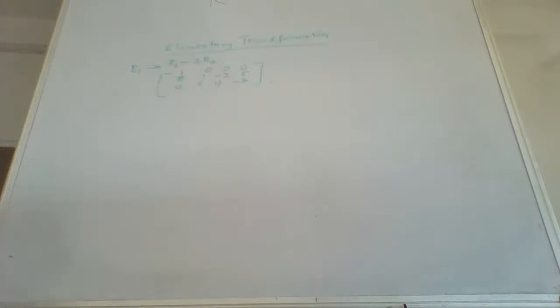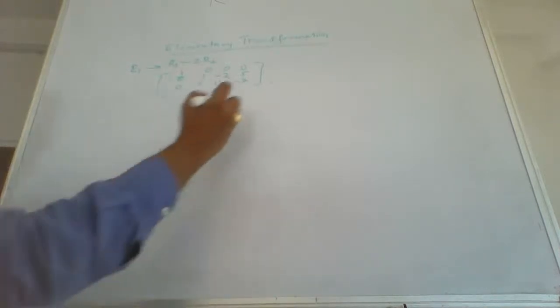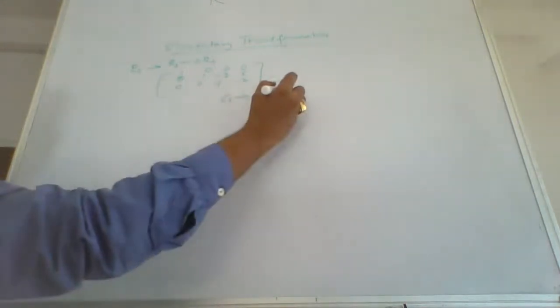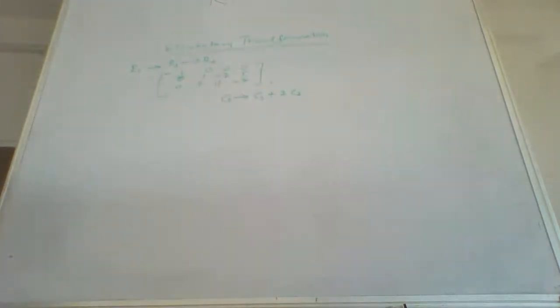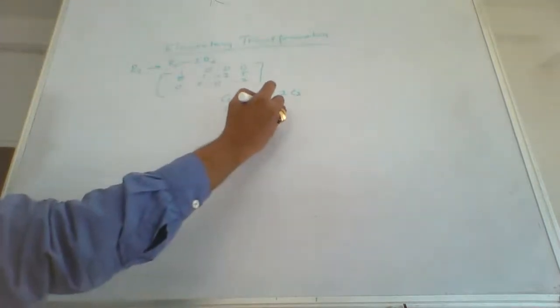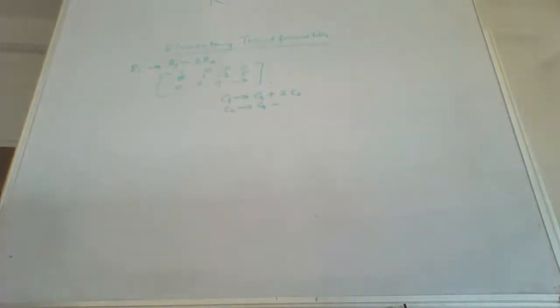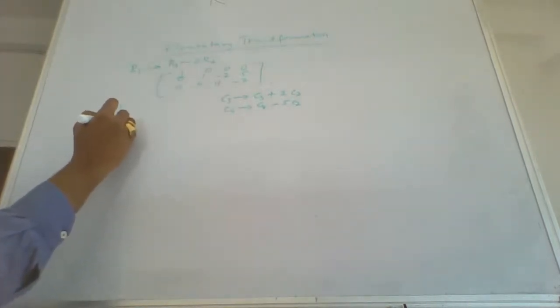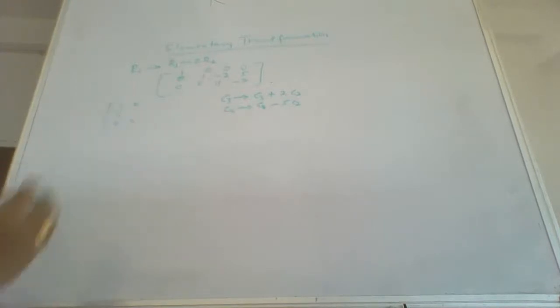Let me do some column operations for this. So column 3 plus 2 times column 2, and column 4 will be column 4 minus 5 times column 2. Let me do that. So we'll be only touching the columns 3 and 4.